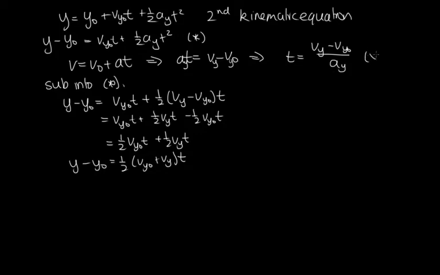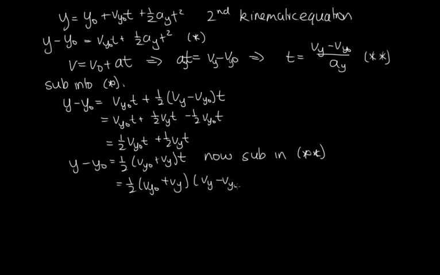Let's call this double star and sub in double star. Sub is short for substitute. So we've got a half vy naught plus vy times vy minus vy naught, all over ay, is equal to y minus y naught.